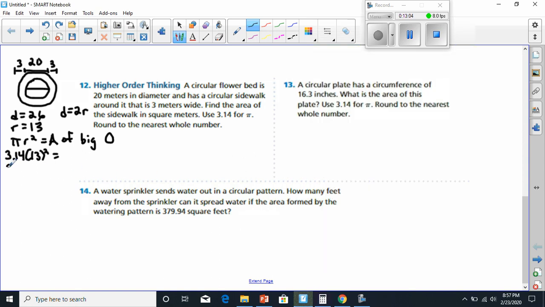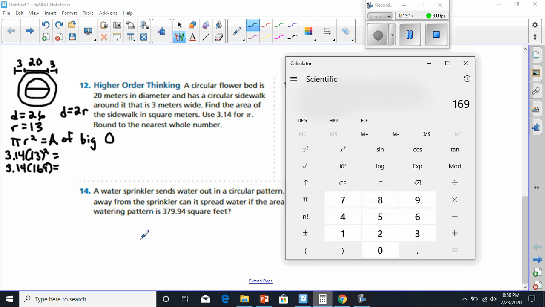So this is going to be 3.14 times 169. Double check that. Yeah. And now we're going to multiply that times 3.14. That's going to give me 530.66.